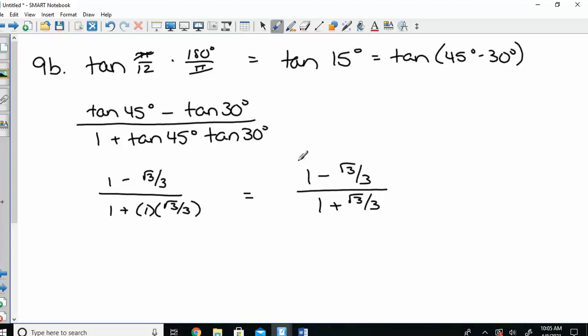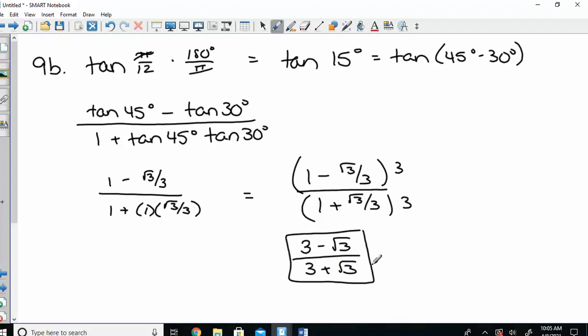So an easy way to get rid of that is to multiply by 3 on top and bottom. Distribute, so we get 3 minus radical 3 over 3 plus radical 3. So okay.